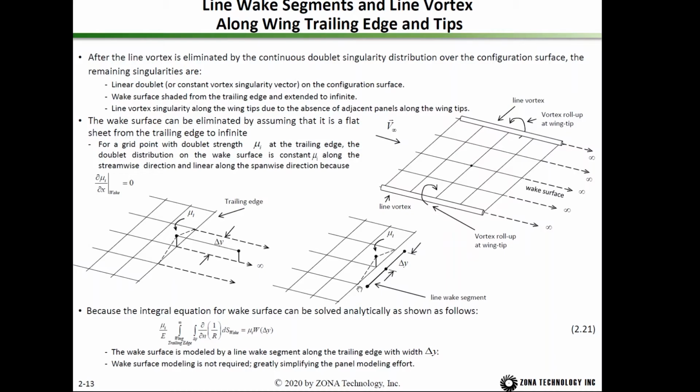This wake segment is specified by c-bar, and you don't need to worry about the wake surface, because internally ZONAIR will sweep this line segment to infinity and solve this integral analytically. Once you solve the mu at the trailing edge of the grid, the wake influence effect can be taken into account.